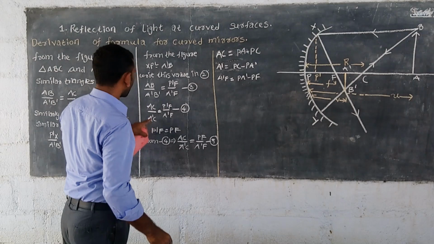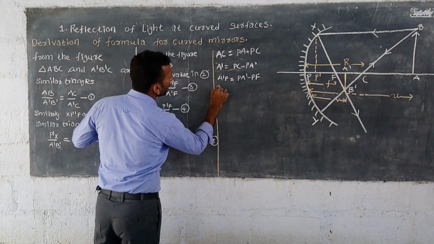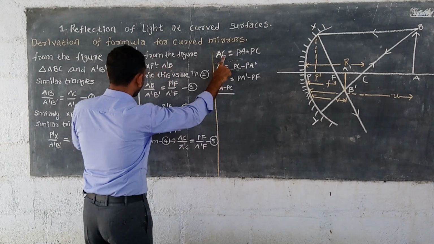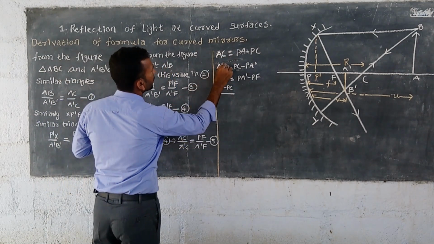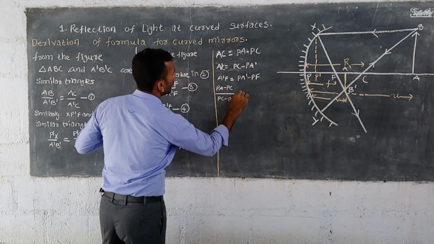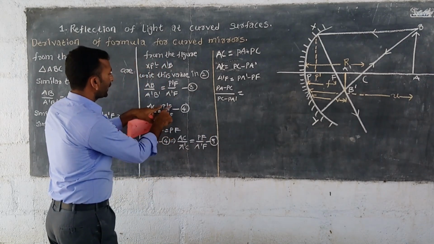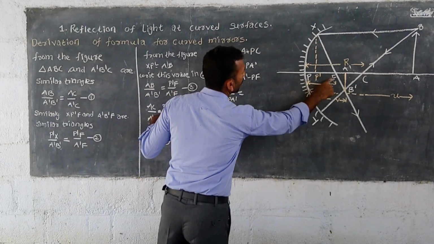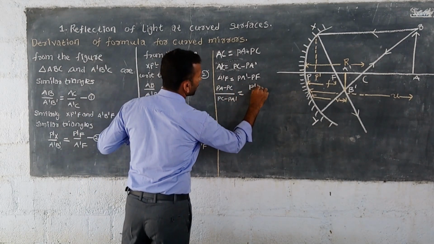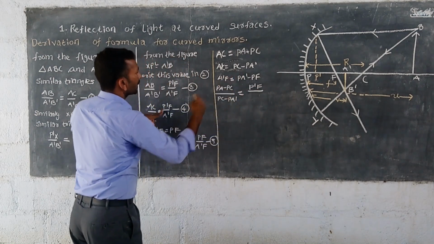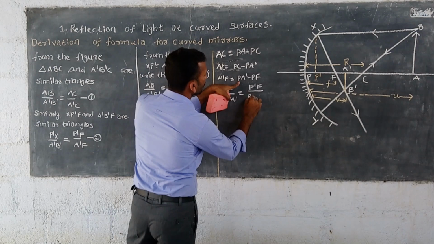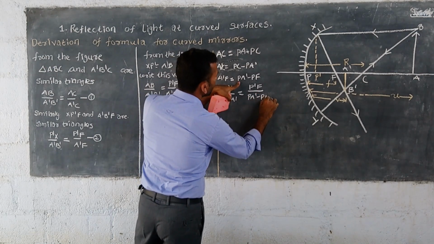So AC equals what? AC means PA minus PC, by A dash C. What is A dash C? PC minus PA dash, equals another one, P dash F. We have the P dash F value, no problem about that, and as usual P dash F by another value, A dash F. The A dash F value equals PA dash minus PF.